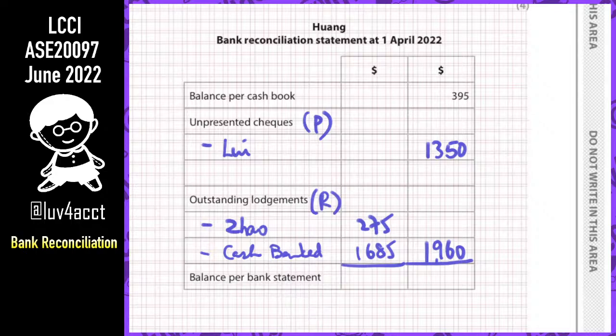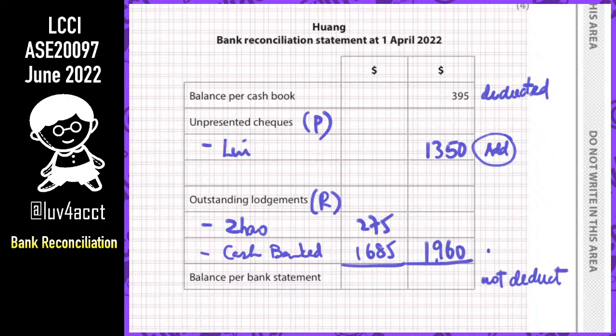So we have already deducted the amount here, but we haven't deducted the amount here. So how to make it balance? We add. Deducted, we add back, then it is not deducted.